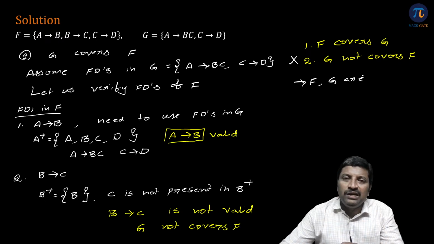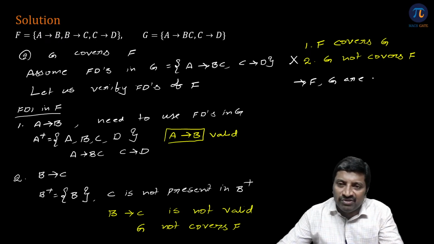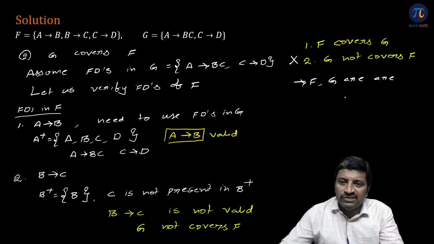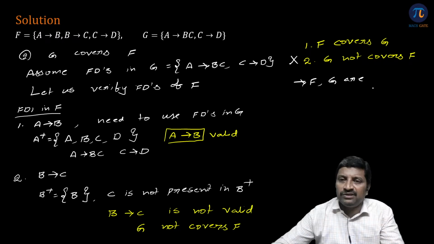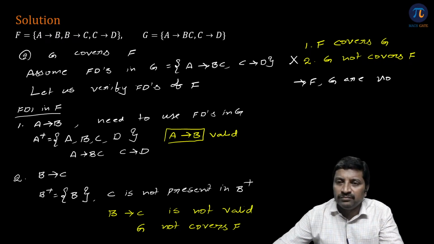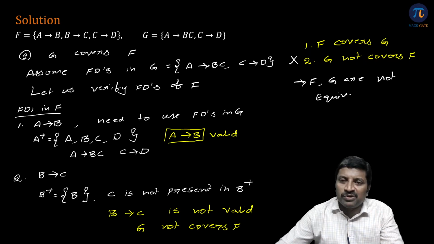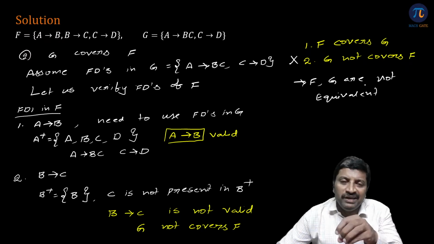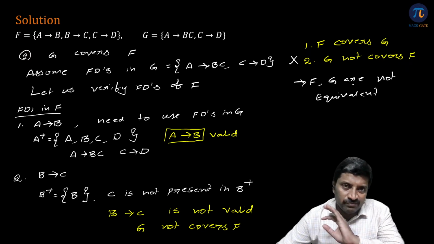Is it clear? Not only the second: if any one of them fails, we say they are not equivalent. Hope you understood the process. So simply we are using the concept of finding additional FDs by using the given set of FDs, right?